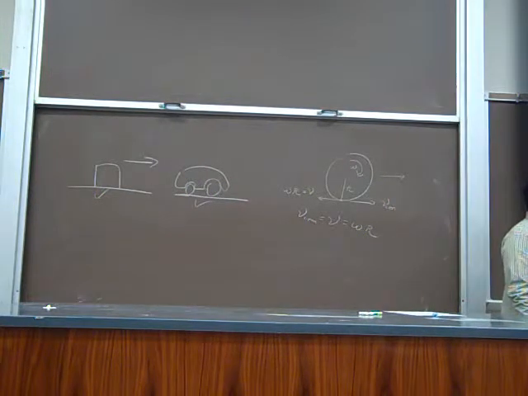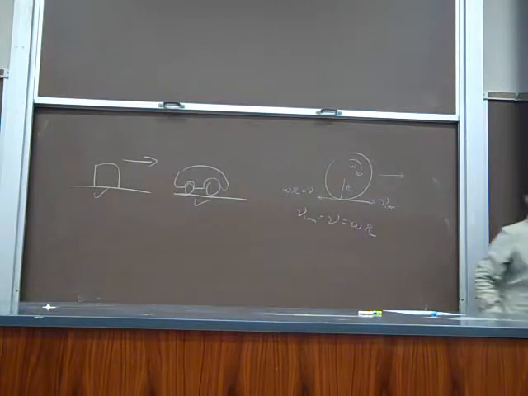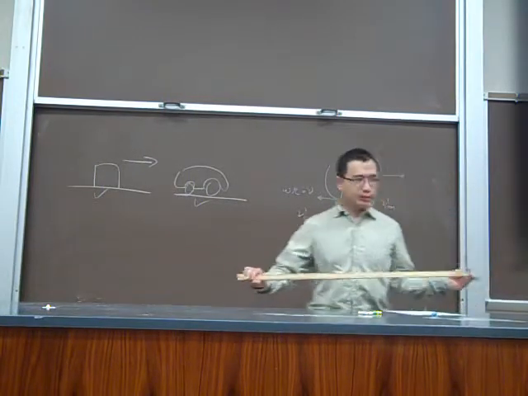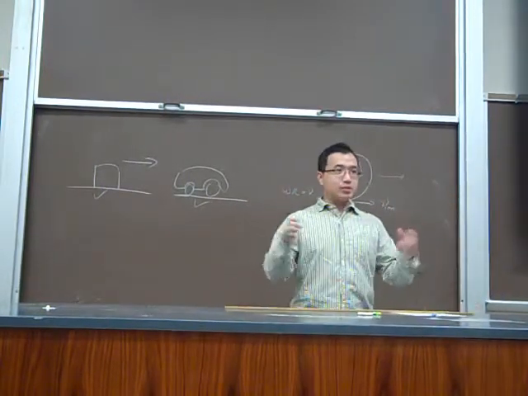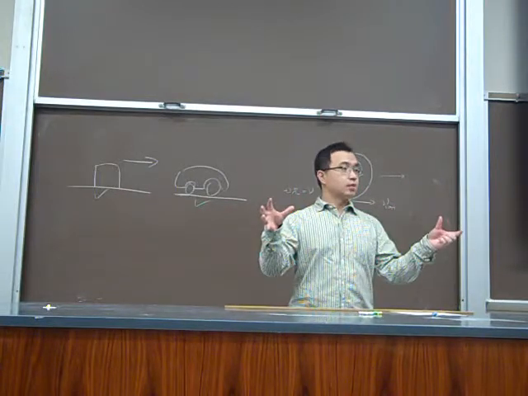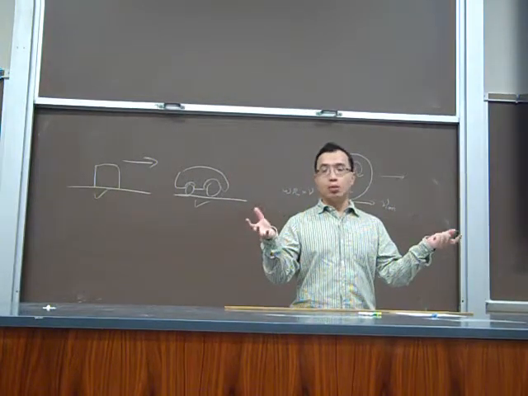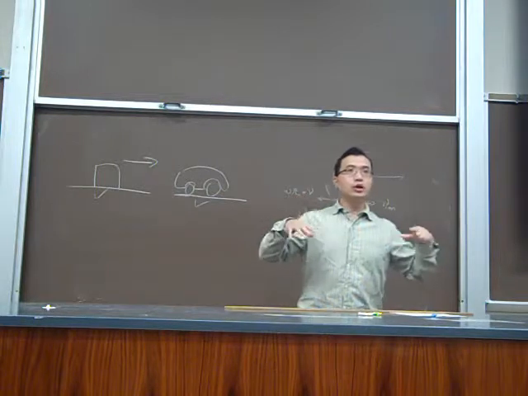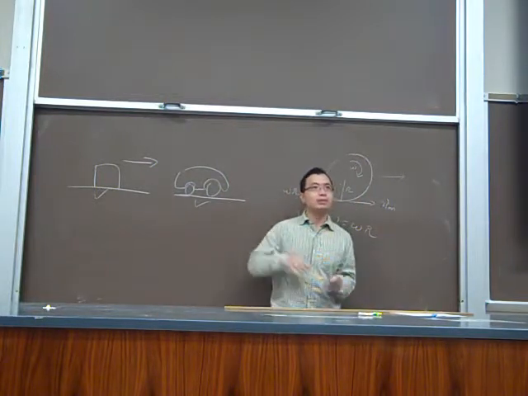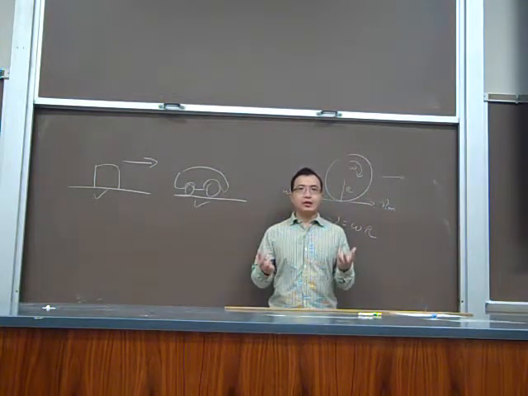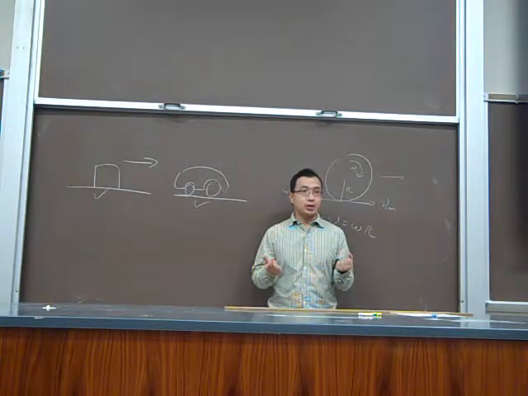Another way to produce the magnet needed for maglev is to use a superconductor. Many materials, like normal metals, if you cool them down below some temperature, will become superconductors.